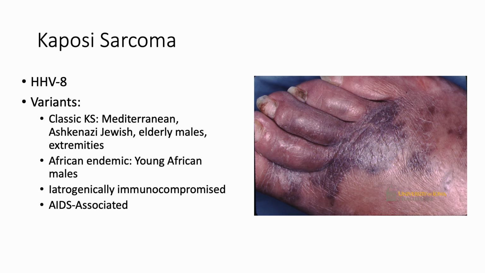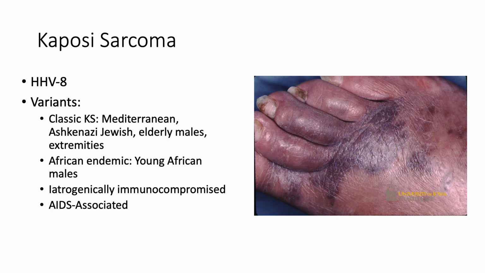Then that will lead us to a different disorder, Kaposi sarcoma. The Kaposi sarcoma is associated with HHV-8, and there are many variants. I believe the board will like to test this. There are four different variants, including the classic Kaposi, which happens in the Mediterranean and the Ashkenazi Jewish population, in elderly males in the extremities.